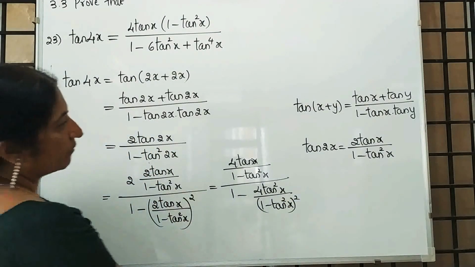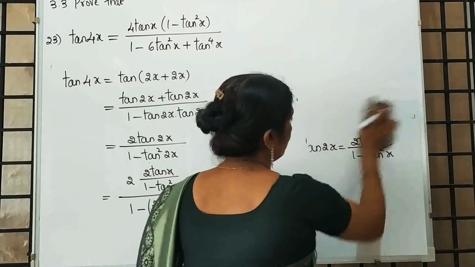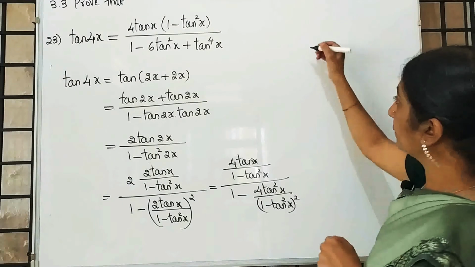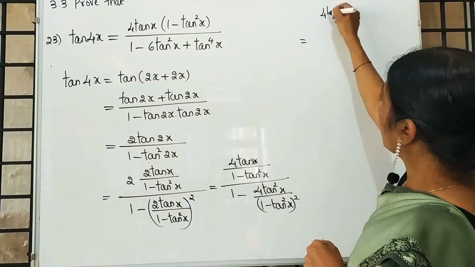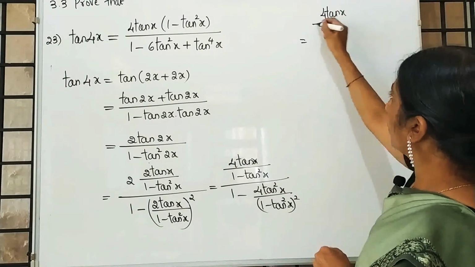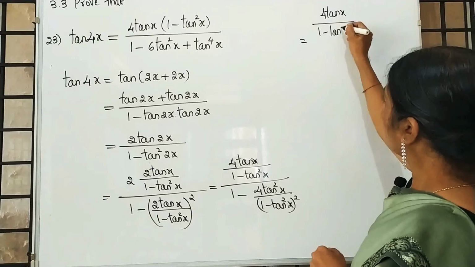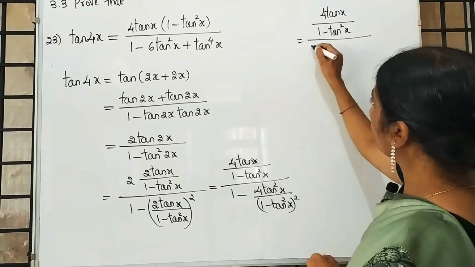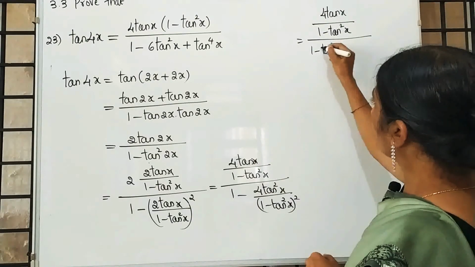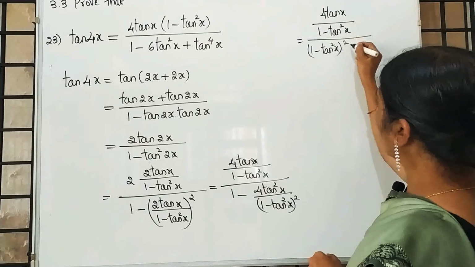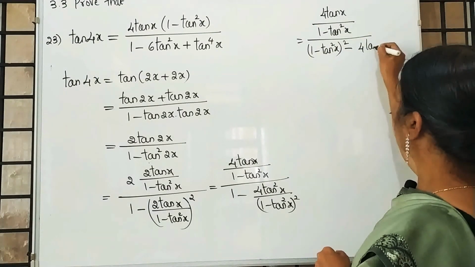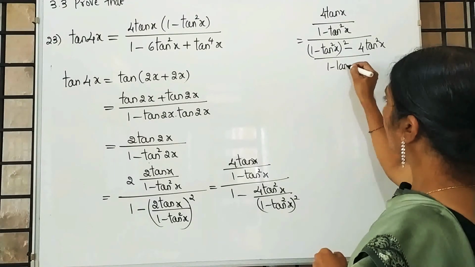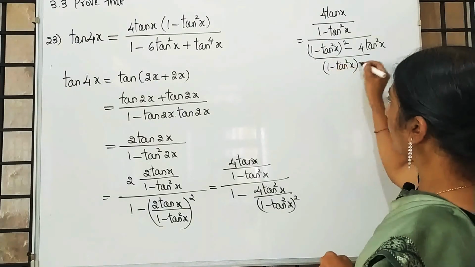Now take the LCM for the denominator term. When you take the LCM for the denominator term, I kept 4 tan x upon 1 minus tan square x as it is. Take the LCM: 1 minus tan square x whole square minus 4 tan square x divided by 1 minus tan square x whole square.